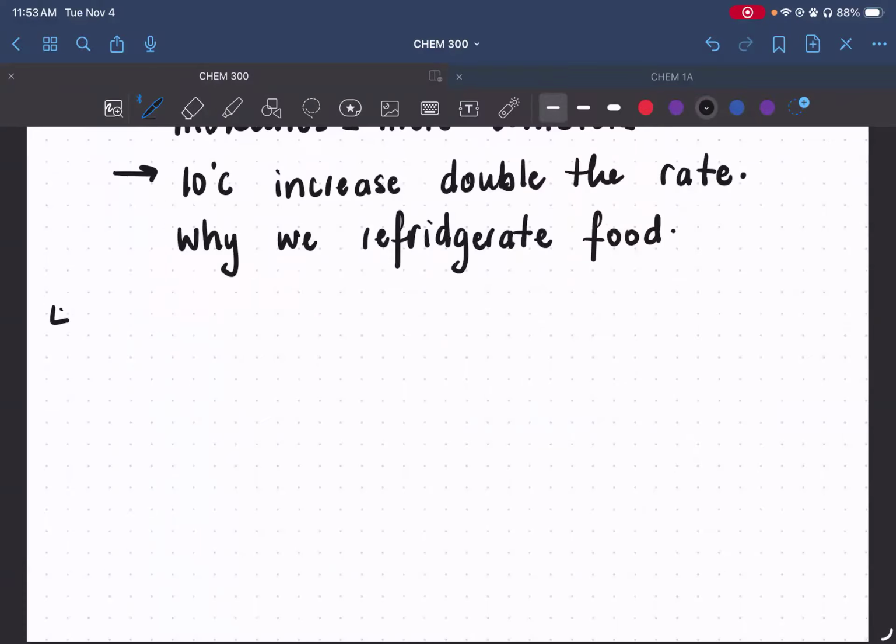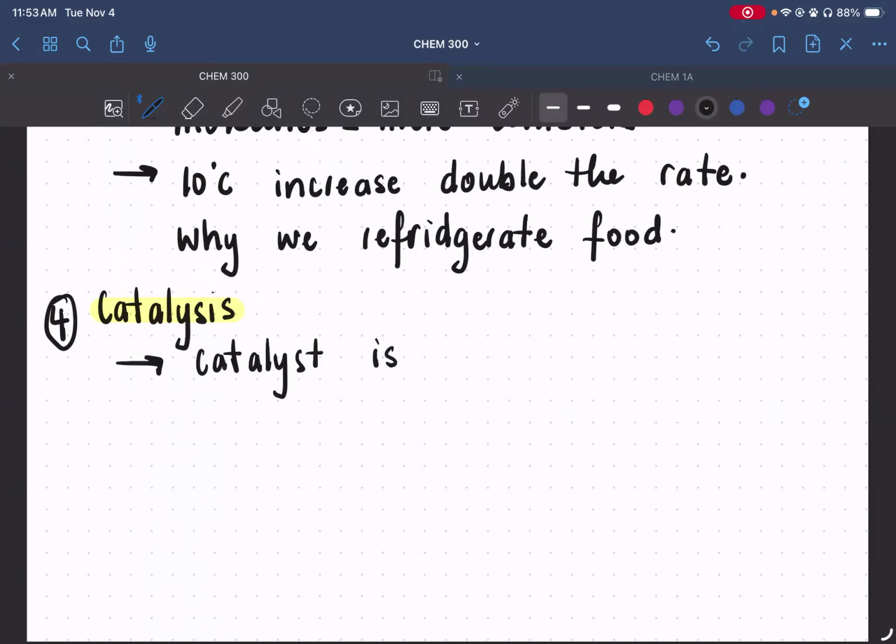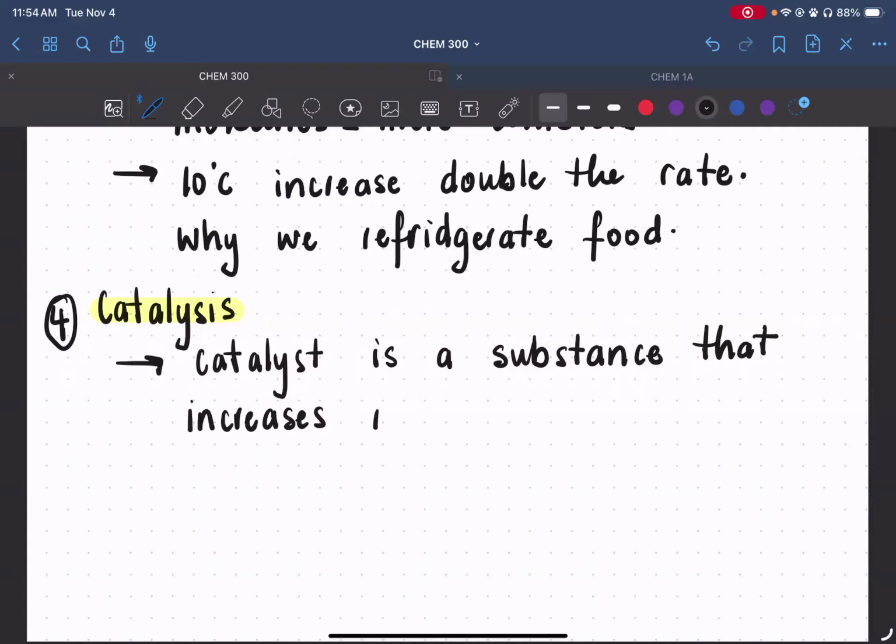Number 4 is called catalysis. A catalyst, as it's called, is a substance that increases the rate of a reaction without being consumed itself.